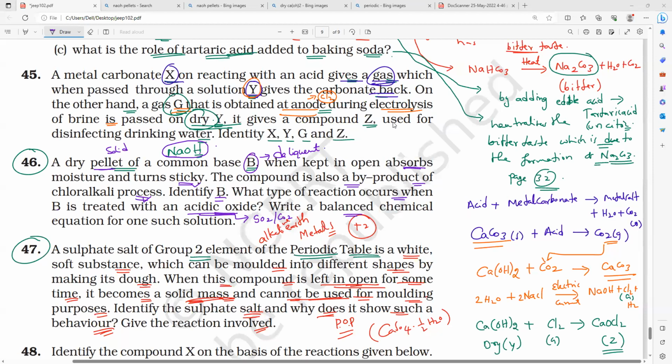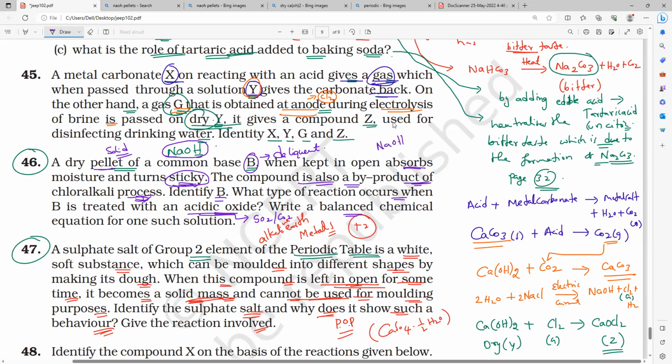So dry pellets are in a solid state. By absorbing moisture, they will turn into liquid state and become sticky. It is produced during which process? The compound is one of the products of the chloralkali process. What are the three products?